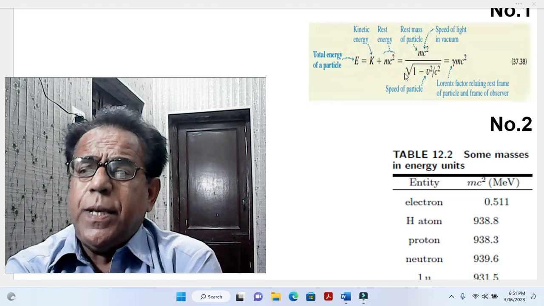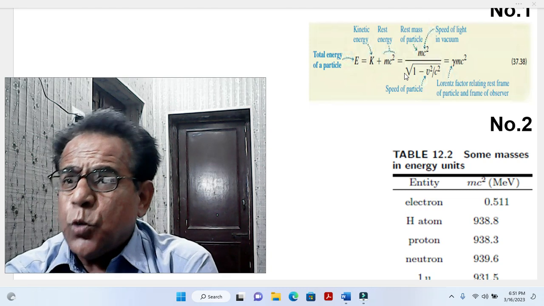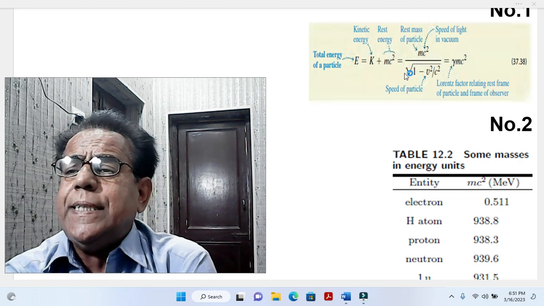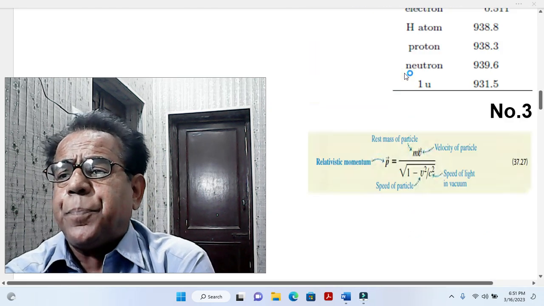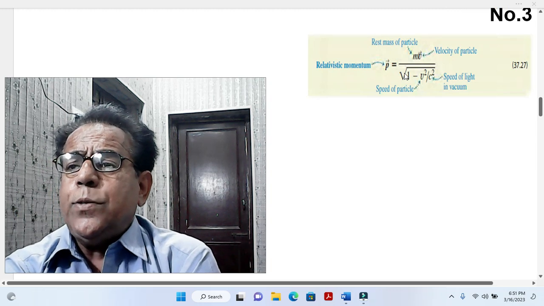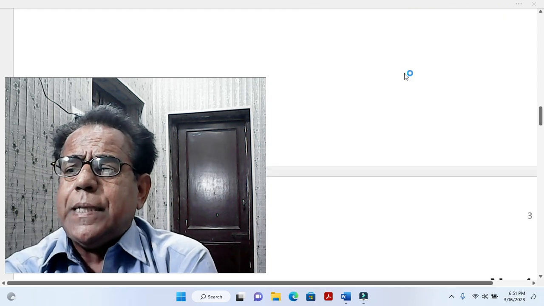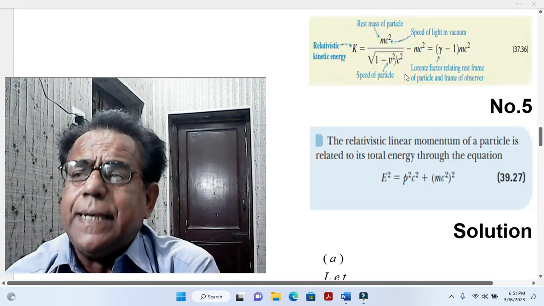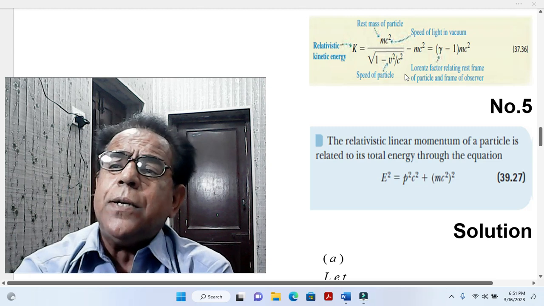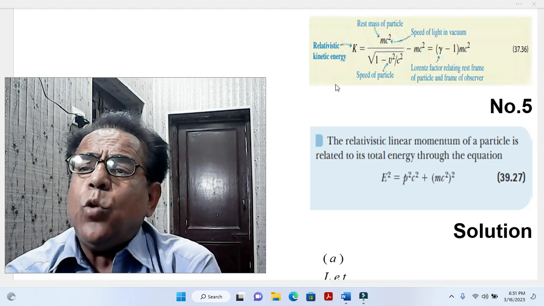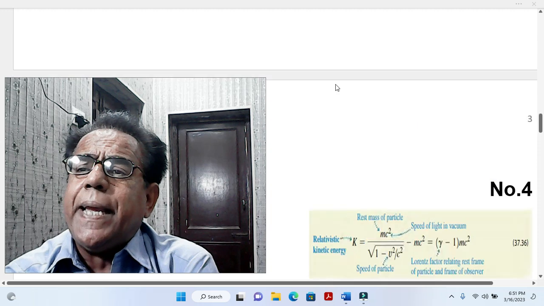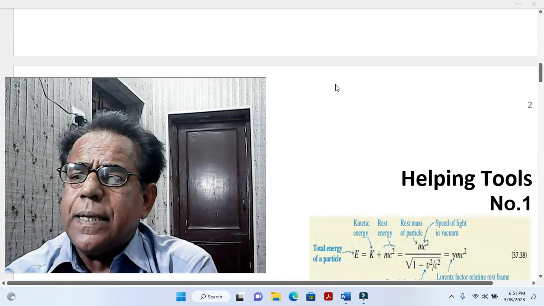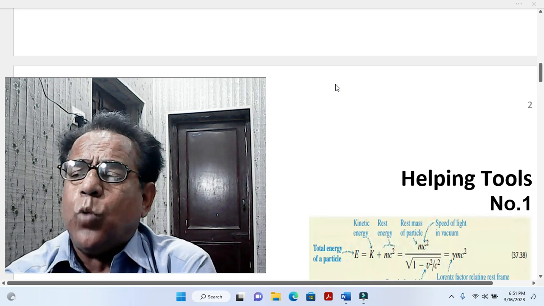In tool number 1, the total energy of a particle is given, that is equal to K plus mc². In tool number 3, relativistic momentum is given, while in tool number 4, relativistic kinetic energy is given, not total energy, because total energy is equal to K plus mc².